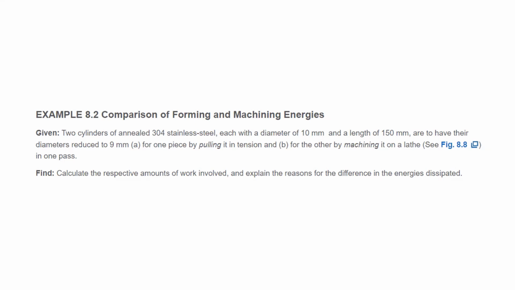Pi r squared is the final one. So if I use pi D0 square over 4, that is the original cross-section area, and this is my final cross-section area. The difference is the change, right? Then multiply by the length, if this is correct. Assume that the length doesn't change. Length does not change. Yeah.